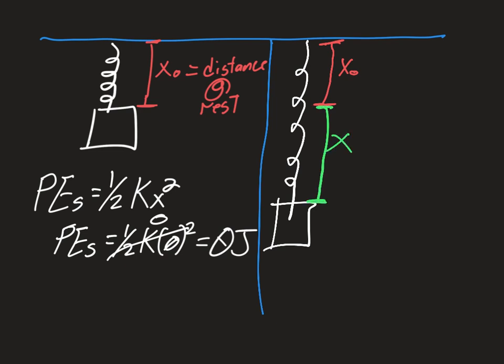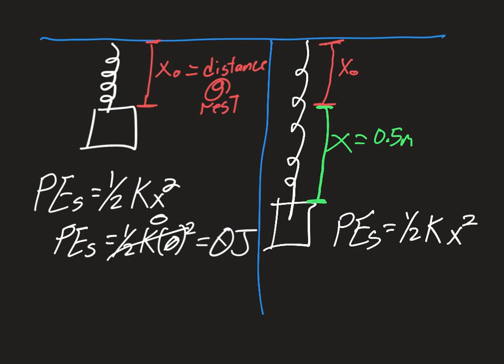And that is your x value, okay? Let's do something simple. Let's say it managed to move 0.5 meters. That's still a huge distance, but maybe this is a huge spring. Anyway, I would be able to figure out its potential energy only if I also know its K value.